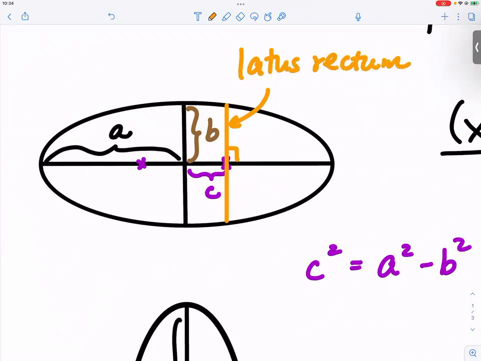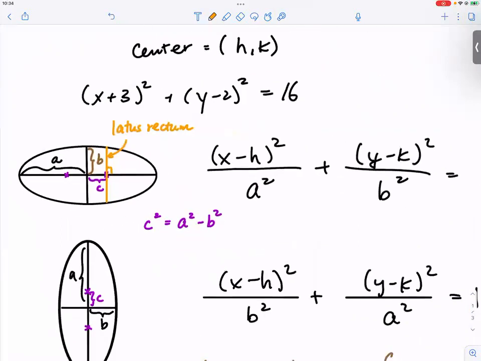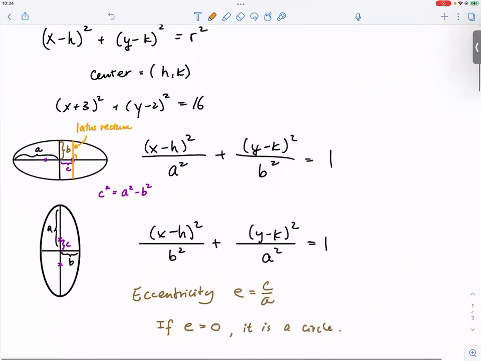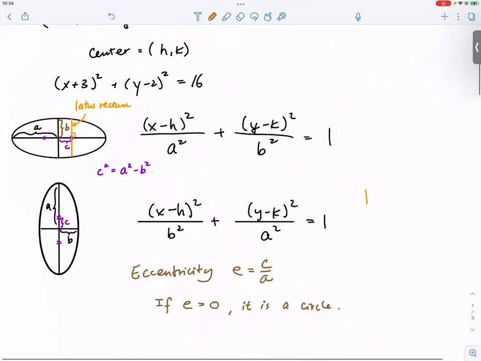Okay, and the length. Now, you will compute the length of the latus rectum. The length of the latus rectum is 2b squared over A.